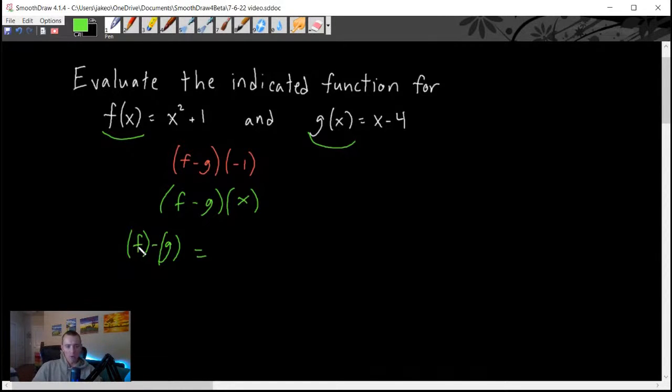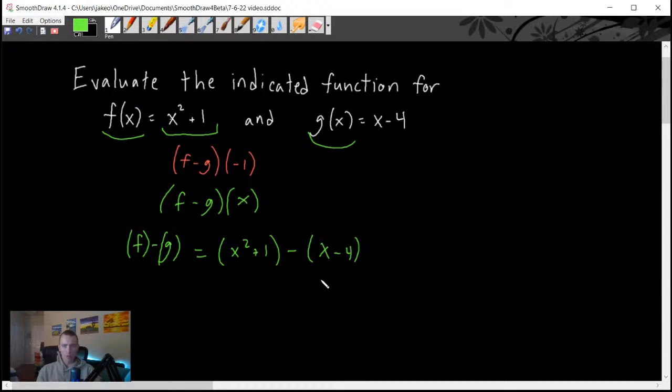So to do that, all we really have to do is take our function f of x, so x squared plus 1, take our function g of x, replace g with this whole function here, x minus 4, and then evaluate your function f minus your function g.